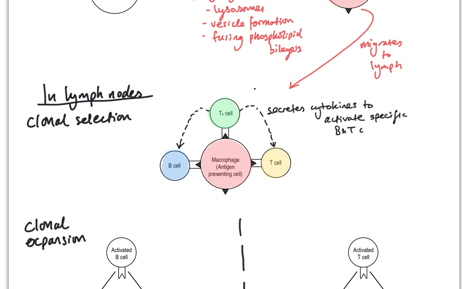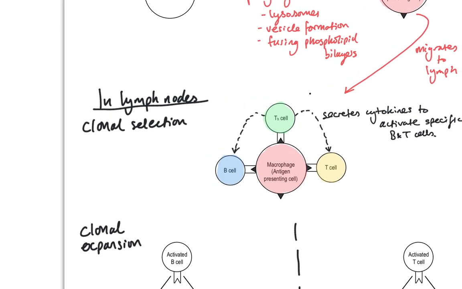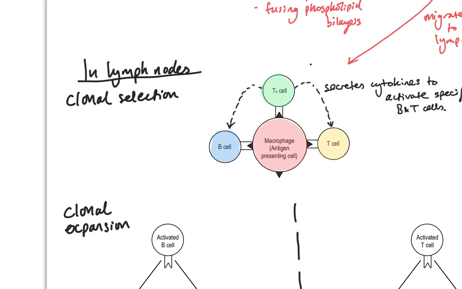B and T cells. Okay, and the reason why they are specific is because the receptors on these cells are complementary to the antigen. So I'm just going to write this over on the blue side for the B cell, but I could say this about any of these cells. So this B cell clone, there are millions of them, has a receptor, and the receptor is an antibody, but the antibody acts as a receptor.